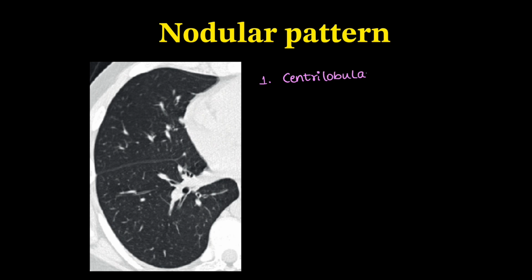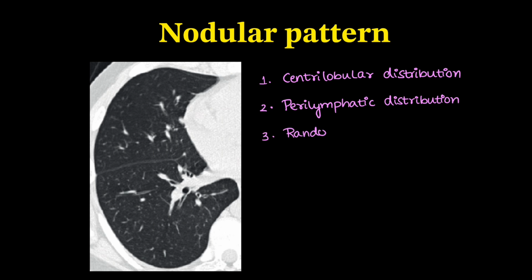These are the opacities which we will be discussing in much detail from now. First and foremost we have the nodular pattern of spread. There are three types of distribution in nodular pattern: centrilobular distribution, perilymphatic distribution of nodules, and the third one is random distribution of nodules. We'll discuss each in detail. Here I am drawing secondary pulmonary lobules. Now I am putting some dots which are centrilobular in distribution.